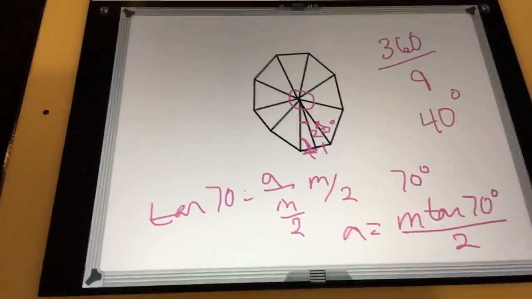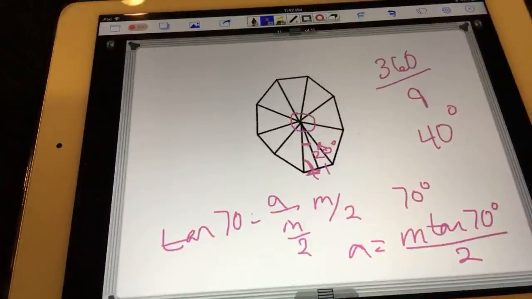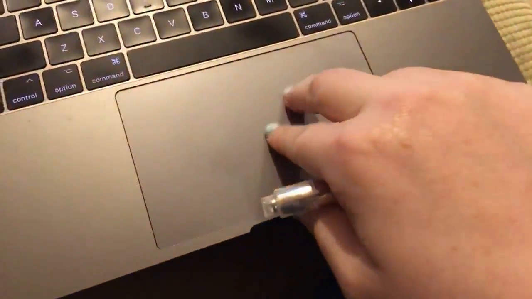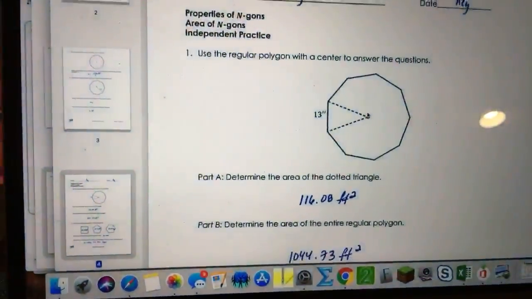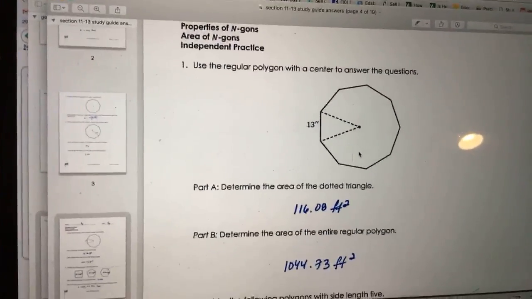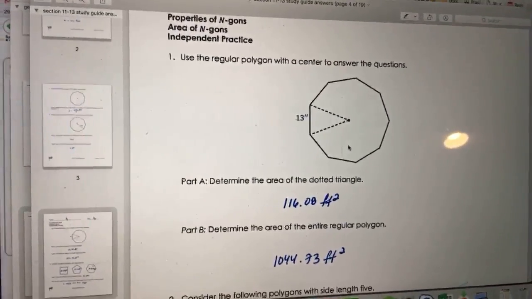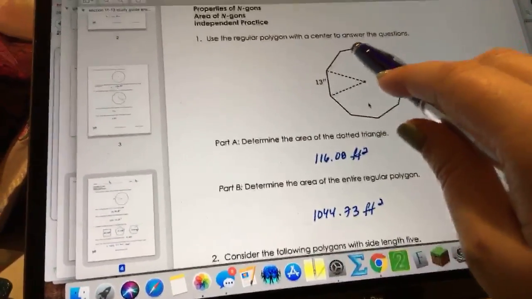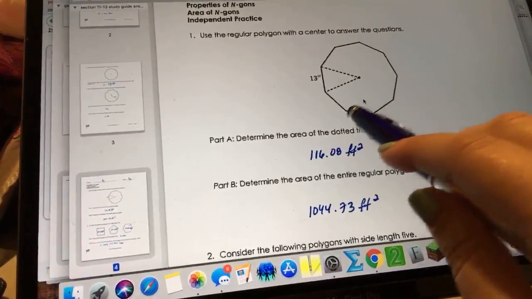Let's find the next question. So number 1 on the next page of this review packet, and then number 3 on the calculator practice test. Okay. All right, so use the regular polygon with a center to answer the questions. Looking at this regular polygon, we've got 1, 2, 3, 4, 5, 6, 7, 8, 9 sides, okay?